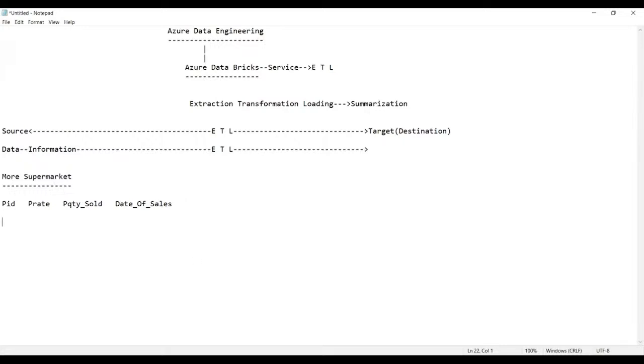Now, product ID is something like 1, 2, 3 and the rate is, let us say, 100 rupees.